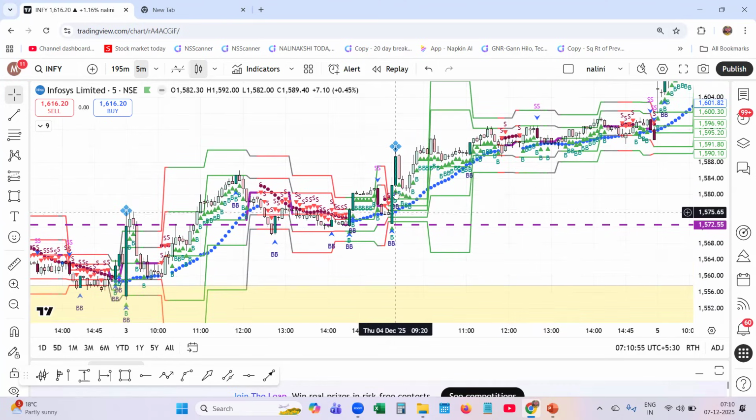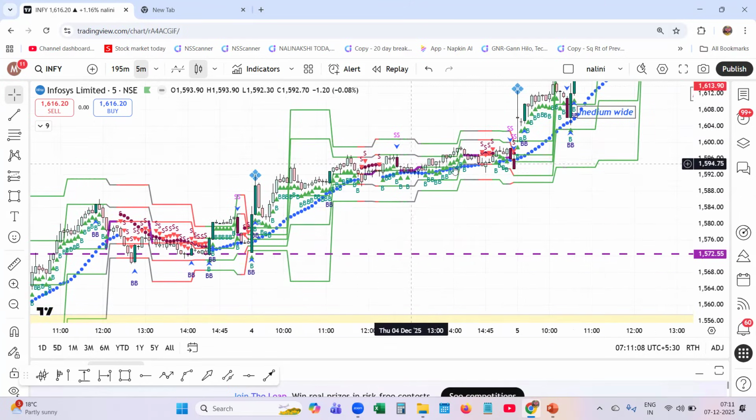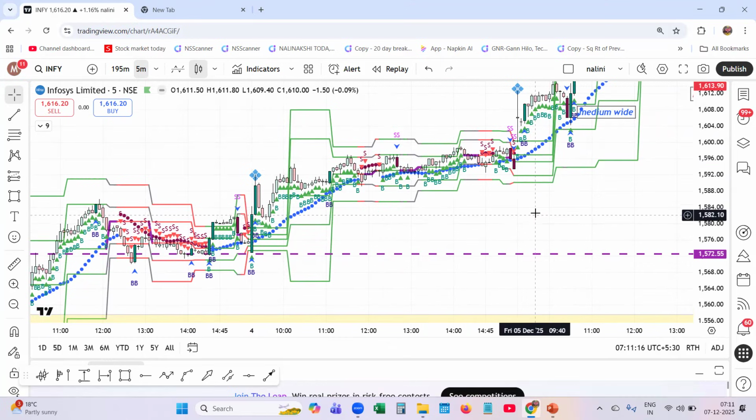You can see again, second time coming out of the R2, R3. I have enabled R1, R2, R3 here. And it continued, it came inside, it did not break below the S2 or S1. The trend is continuing upwards.